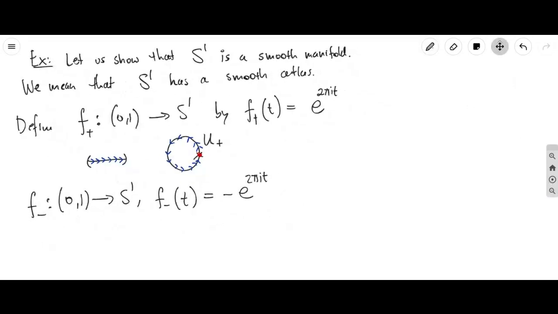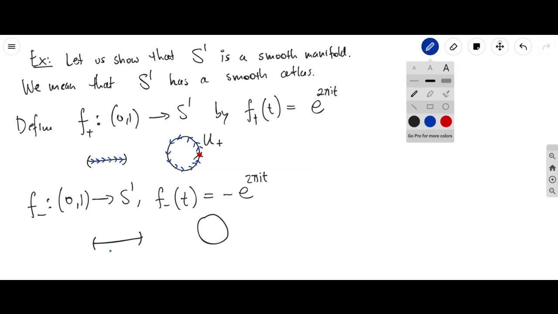So the picture for this one would be that if this is your open interval from 0 to 1, and this is your circle, then F minus wraps the interval so it's the negative of this one. This would be the missing point on the other side. And then it will wrap the interval beginning at the missing point like this.